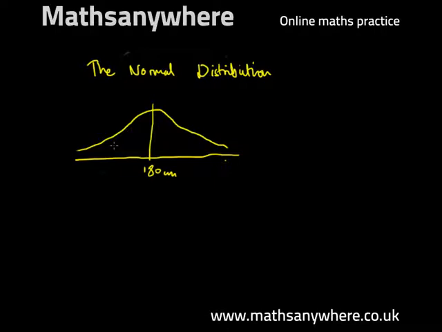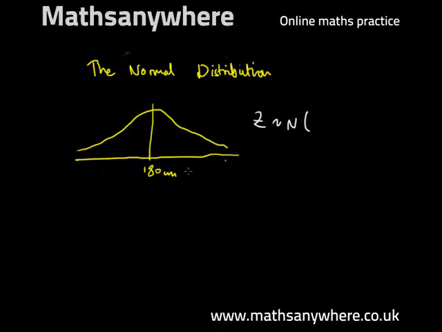For a normal distribution, probabilities are given by the areas under a curve. So you might say that the distribution is modelled or approximate to a normal distribution, and a normal distribution follows this same shape.